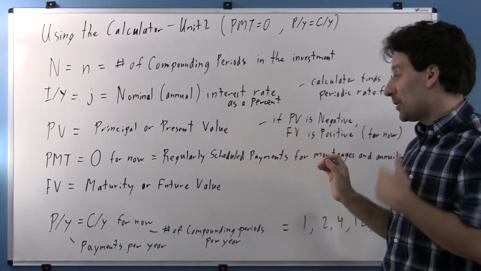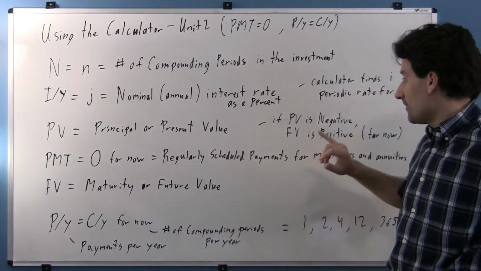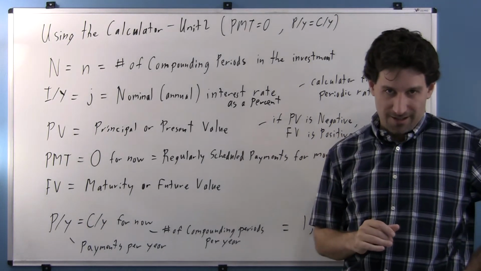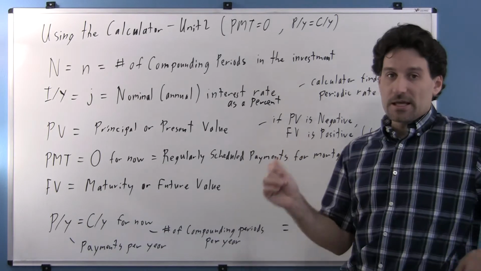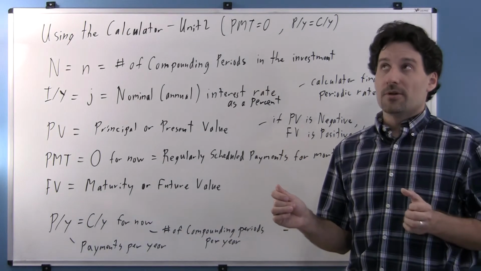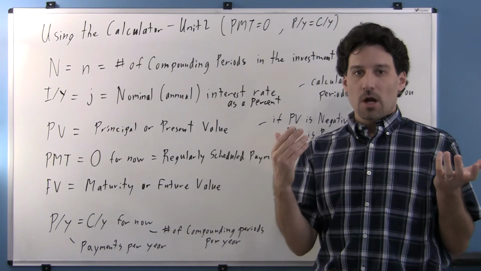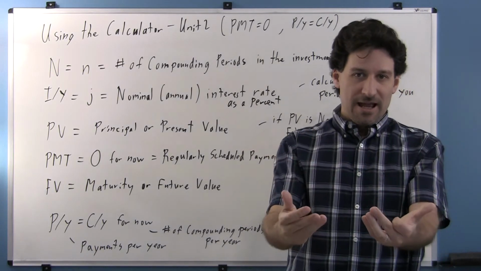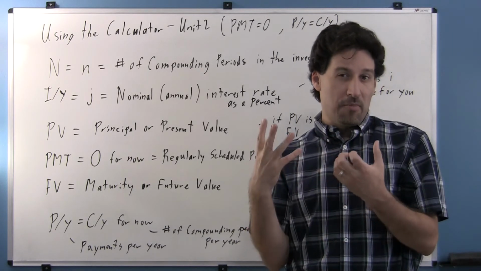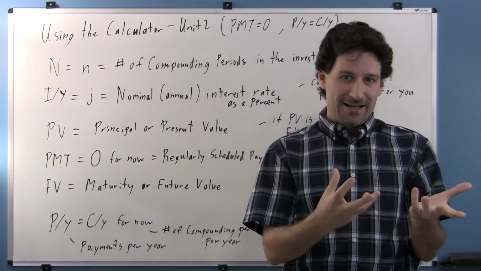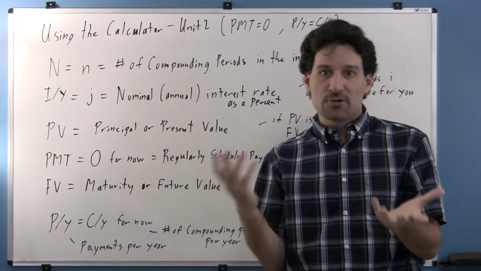So a couple other things. I'll get to PY and CY in a moment, but for PV and FV, there's a quirk. This is the first quirk. When you're using the calculator, the calculator is just trying to balance an equation. Money in has to be balanced with money out. So if you buy an investment, then at the end, the investment pays you back, plus interest.